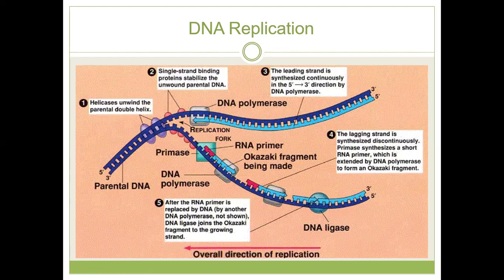When that happens, an enzyme called DNA polymerase will bind to both the leading and the lagging strand. I told you there is a difference in how the DNA polymerase binds to the leading and the lagging strand. On the leading strand, the binding leads to continuous, non-stop synthesis of DNA from the 5' to the 3' direction.